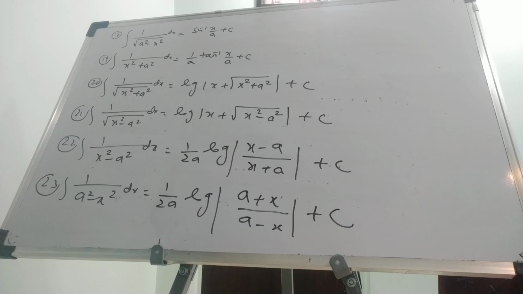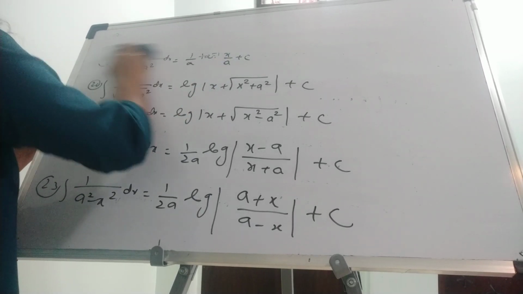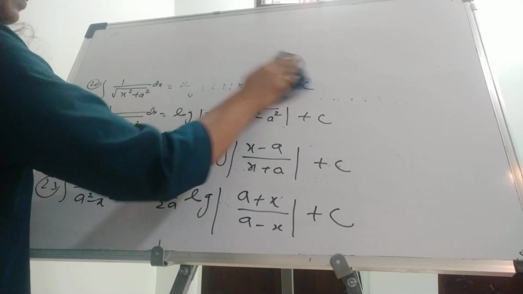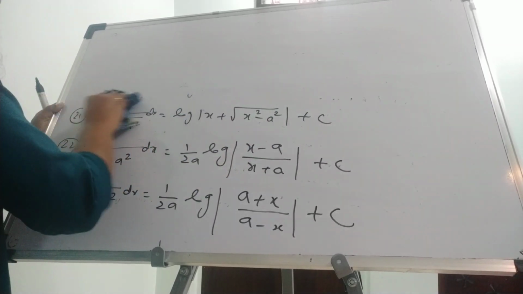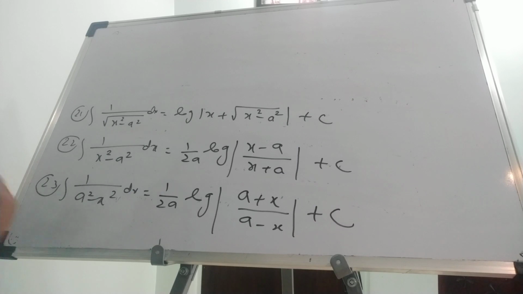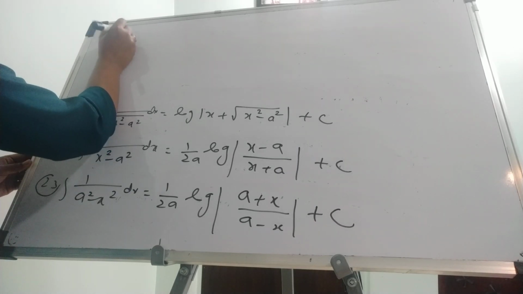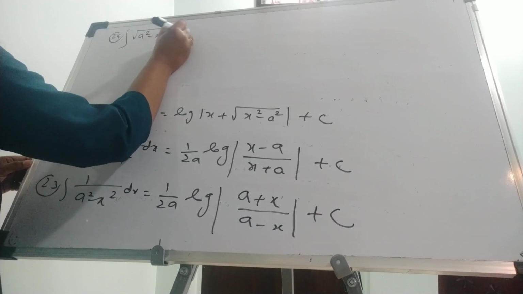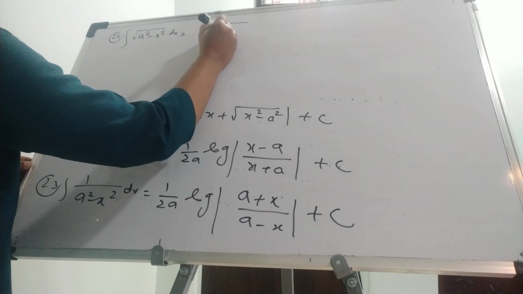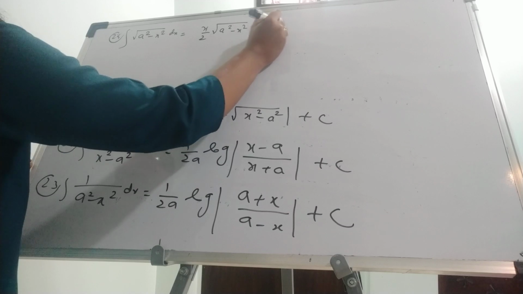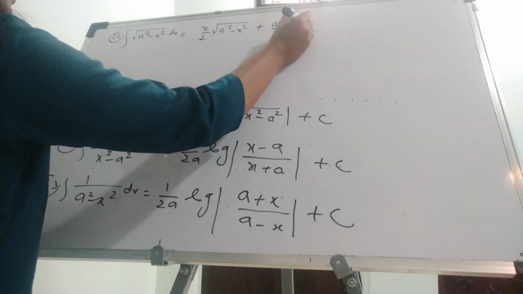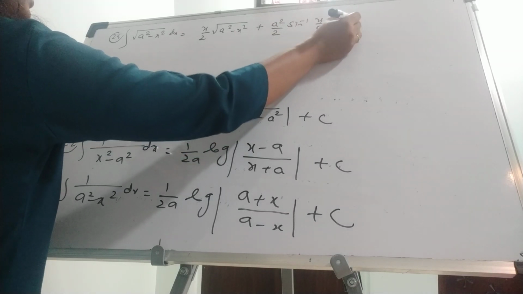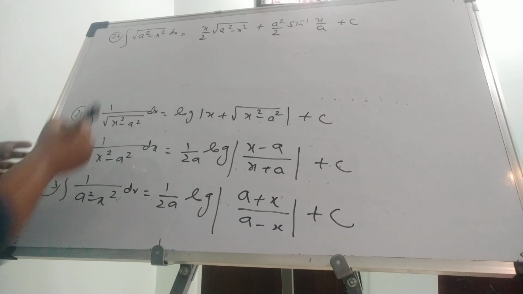Now next formula is root of a square minus x square: x by 2 into root as it is plus a square by 2 times sin inverse of x by a plus c.